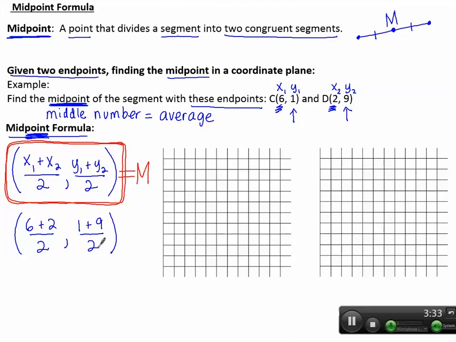And now we simplify. 6 plus 2 is 8, so we write 8 divided by 2. 1 plus 9 is 10, so we write 10 divided by 2. 8 divided by 2 is 4. 10 divided by 2 is 5, so (4, 5) is our midpoint.